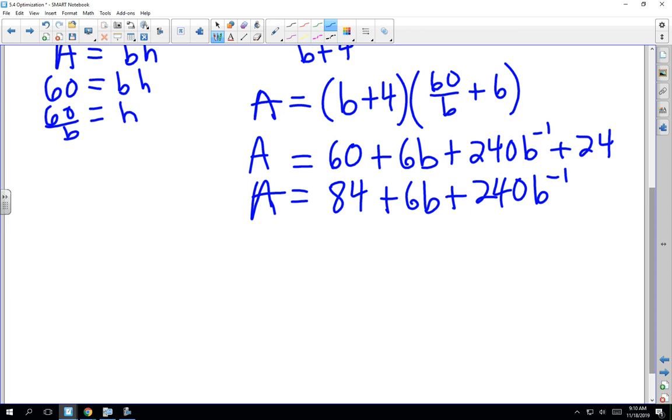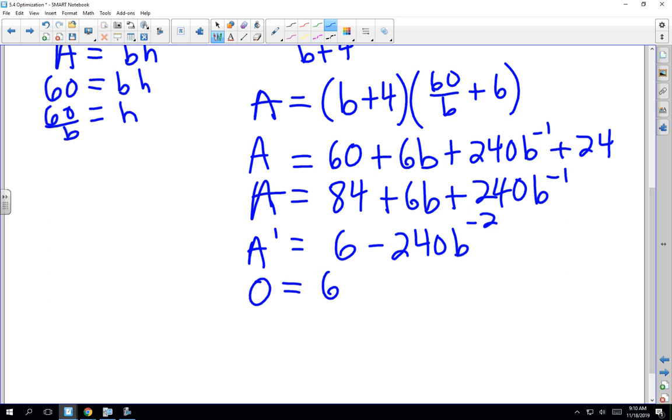So do our derivative here. A prime is equal to 0 plus 6 minus 240 b to the negative 2, using the power rule. Set it equal to 0. 6 minus 240 b to the negative 2 equals 0, so 240 over b squared, and then move that over to the other side.